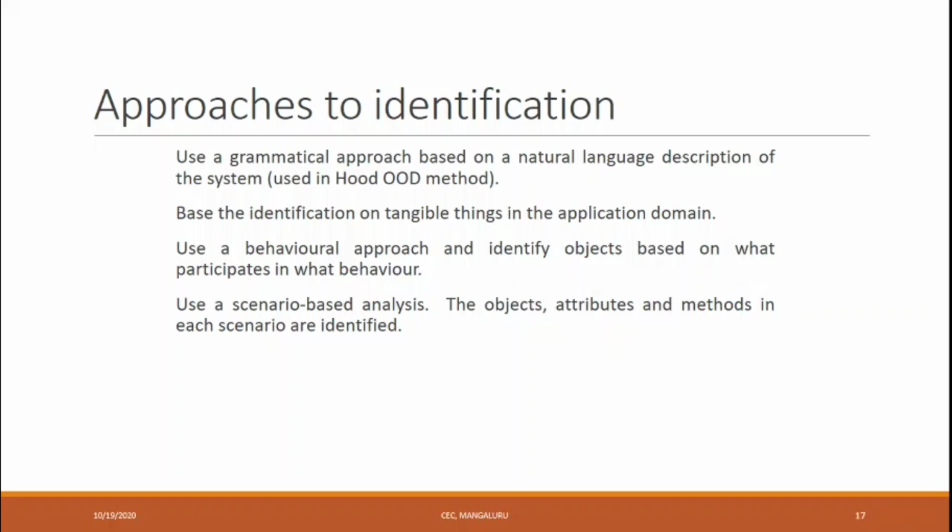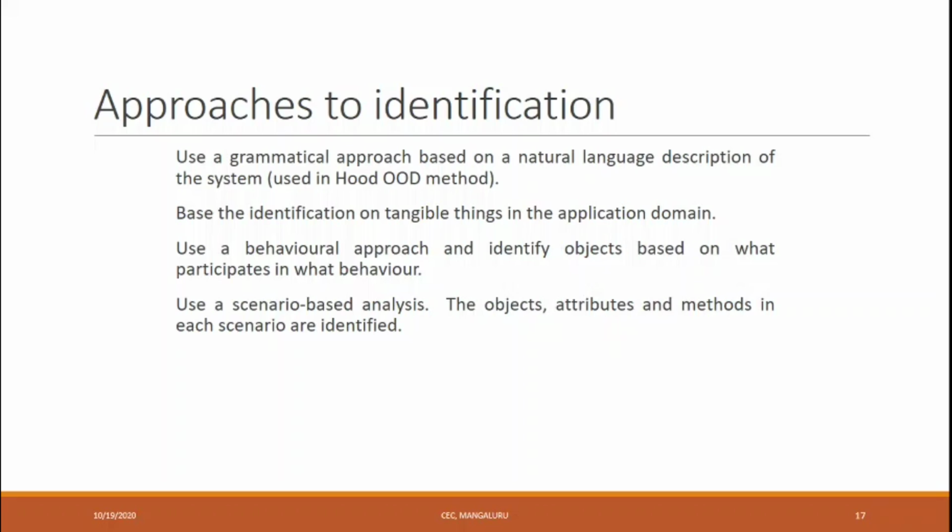For example, in a mental health care management system, what is required? One is patient information, and to view the patient information, the nurse or receptionist is required, and to view the history of the patient, the doctor is required. So how you identify the objects of the system is very important.